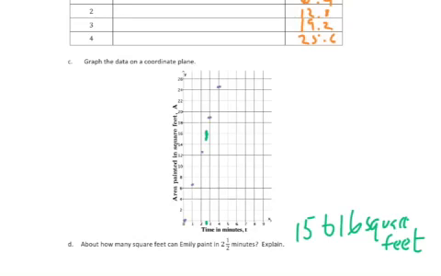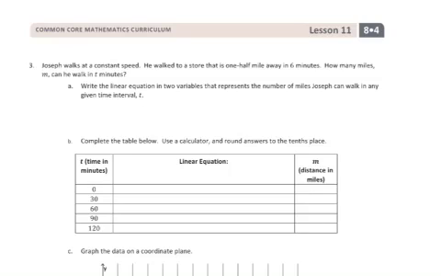Okay, and finally let's take a look at the last exercise. So go ahead and try this problem involving Joseph walking at a constant rate. See if you can set this one up all on your own. You can look at the previous couple examples.